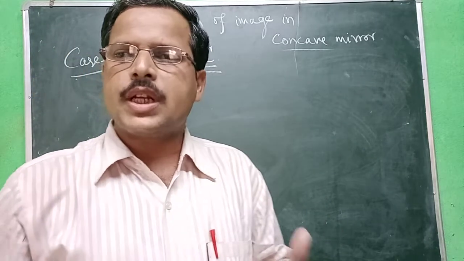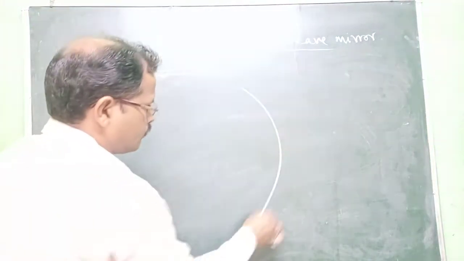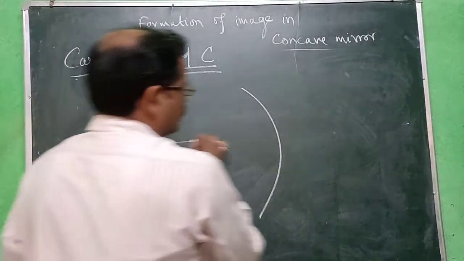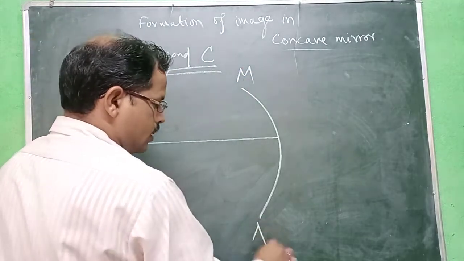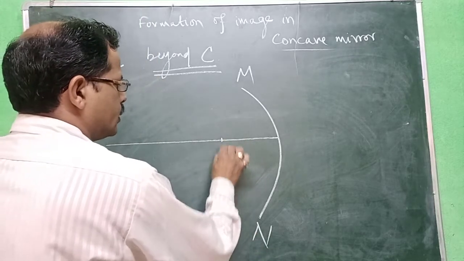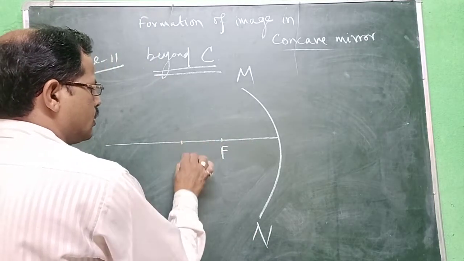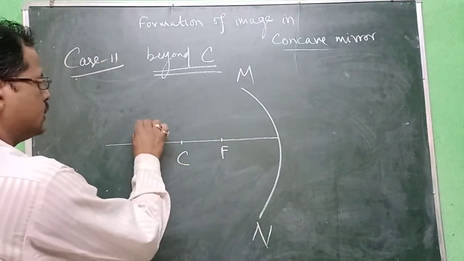That means just away from the center of curvature. This is our aperture, suppose this is the principal focus, and this is our center of curvature. So the object is placed here.